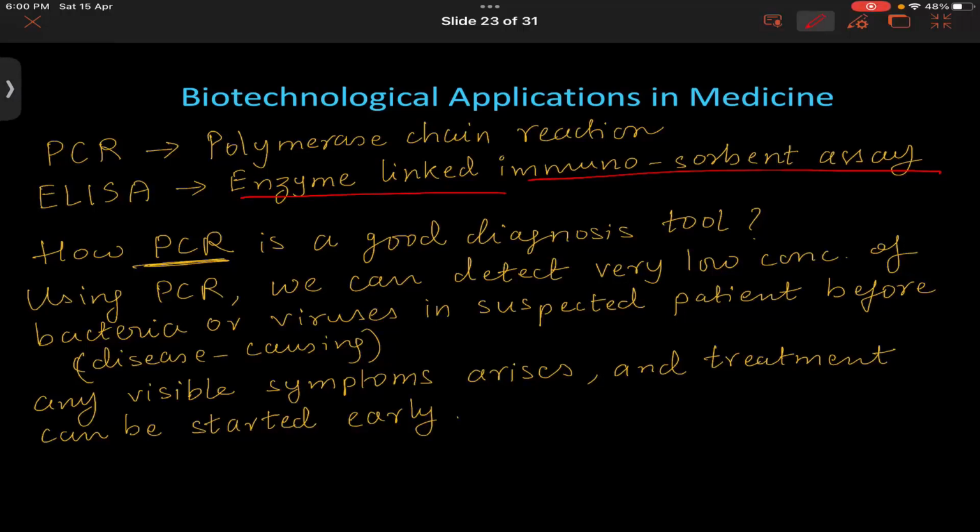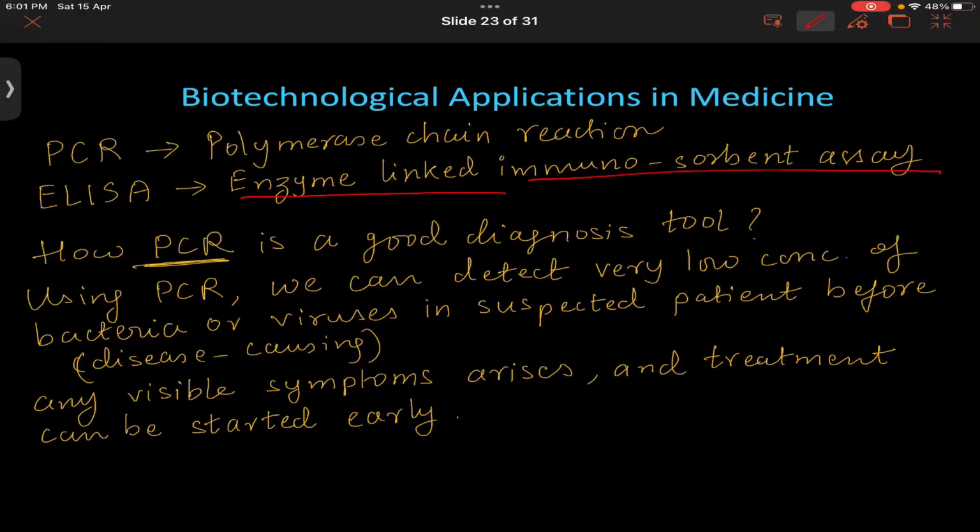Okay, so at that time, people said the PCR test will show whether a person has COVID or not. Similarly, the PCR test can also be used for detecting other kinds of diseases as well. Why? Because PCR actually amplifies even a small amount of DNA. Like if you give even one molecule of DNA, after 30 cycles, you will get billions of copies of a particular DNA fragment, right?